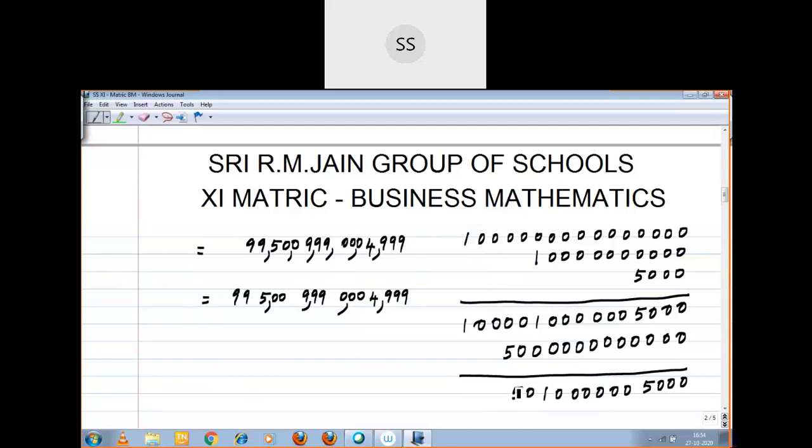What you will get here? You are subtracting the format, right?